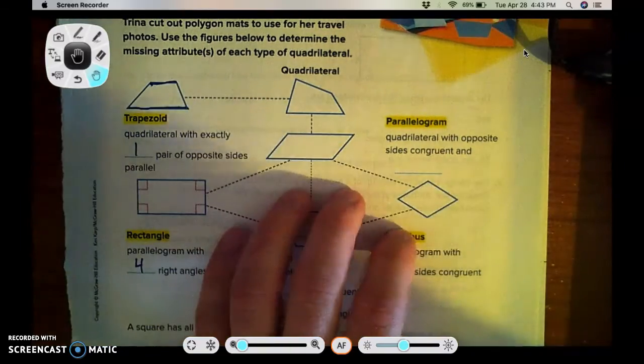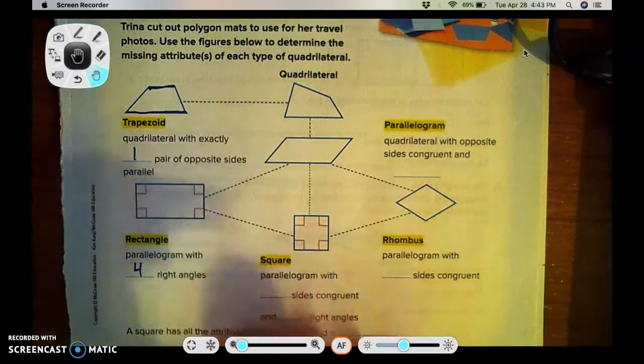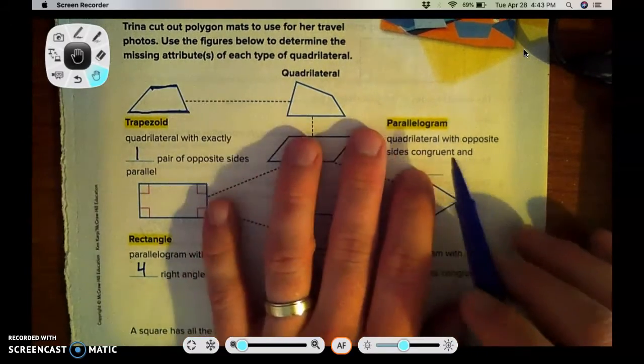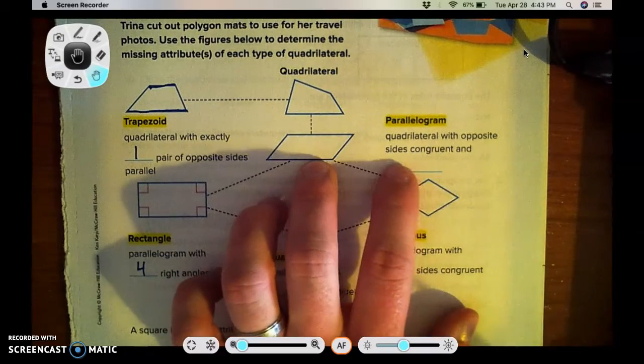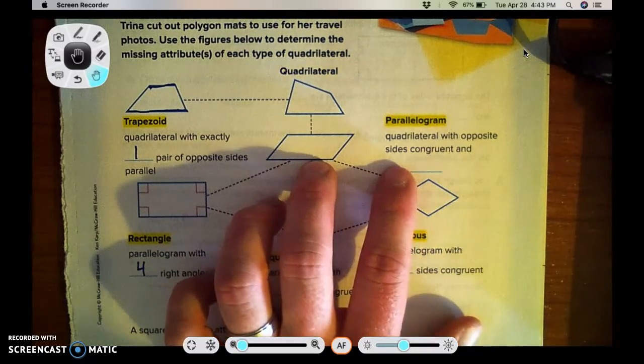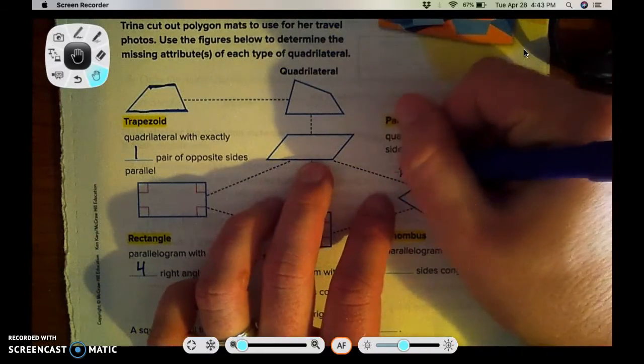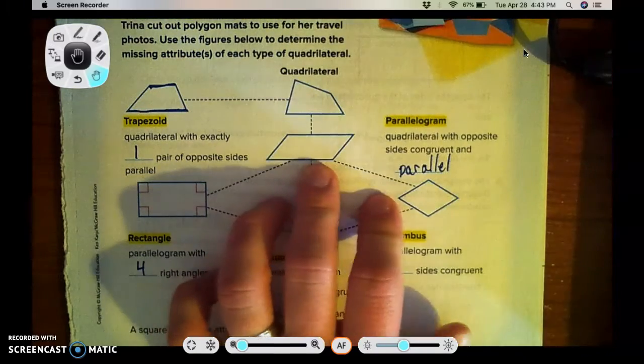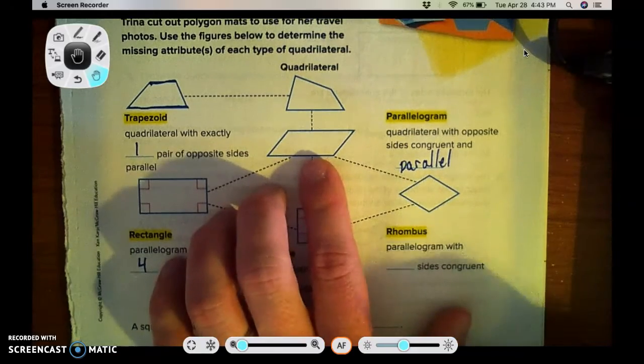Don't mind me, just a coughing fit. Sorry, a parallelogram. I should have started with this one first before I went to rectangle. A parallelogram is a quadrilateral with opposite sides congruent and parallel. I'm going to abbreviate. I'll just write it. And parallel. So this is a parallelogram.